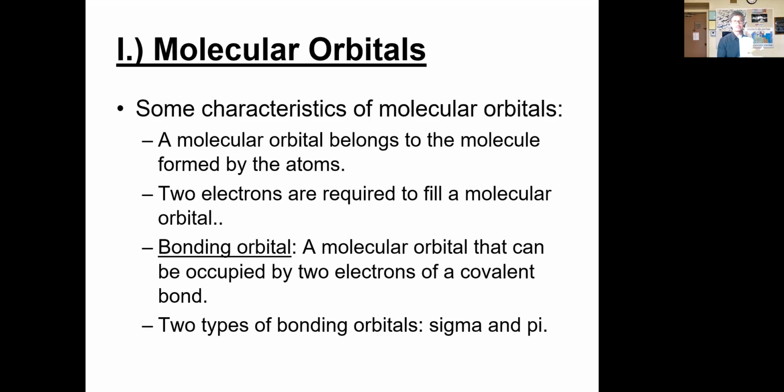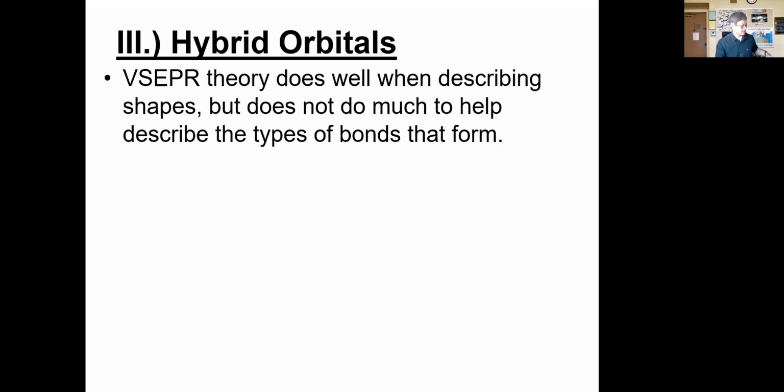These molecular orbitals that form have to undergo a process called hybridization, so we also refer to them as hybrid orbitals. These hybrid orbitals are going to situate themselves around the atom in a three-dimensional way, in much the same way that atomic orbitals situate themselves around the nucleus in a three-dimensional manner.